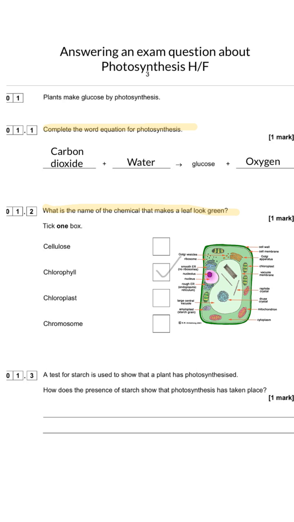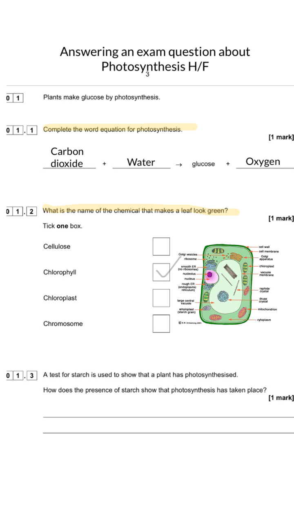Part 3 requires us to understand the link between starch and glucose. We already have the equation at the first part of the answer and tells us that glucose is produced, and this is the useful product for photosynthesis. However, it can't be stored as glucose. This is because it's too big and bulky and it would take up too much space.